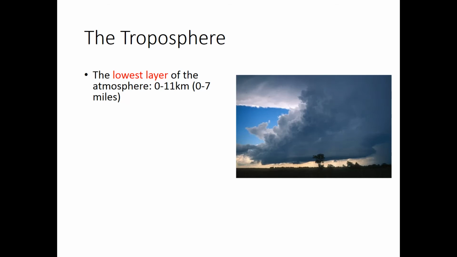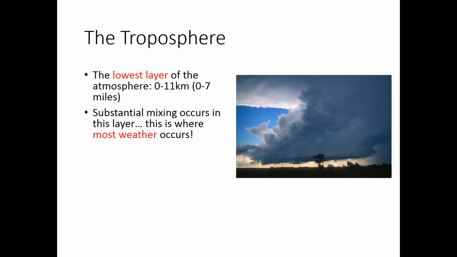Unless you've been on a really high altitude flight or unless you happen to be an astronaut, chances are you have never and will never leave the troposphere. In the troposphere, there's a lot of mixing that occurs, and that's where we get our weather from. As we go up in the troposphere, as I mentioned, temperature usually decreases with height.